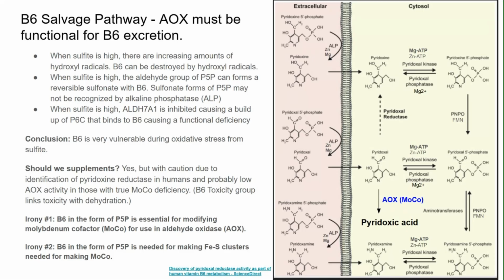And there's a group, the B6 toxicity support group on Facebook. And the big hypothesis that they have, and it's a really good hypothesis, is that the problem is very high doses of B6, any form, and then a dehydration event that causes concentrations of metals in the body.